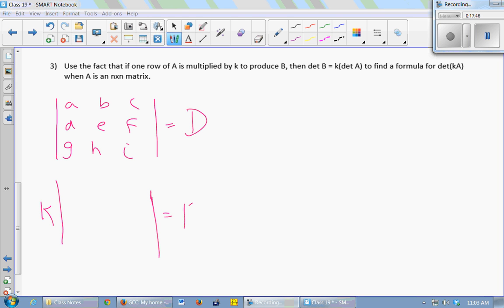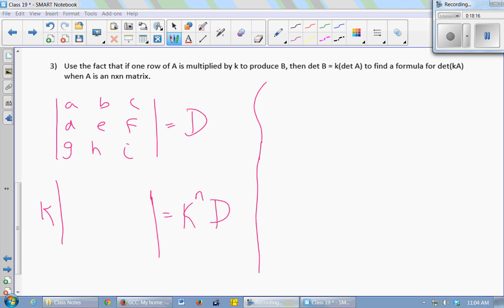And this is going to have, in this particular case, 3 rows, but in the general case of an n by n, it would be k to the n times the determinant. You have to scale the determinant n times, once for each row that you multiply by. No, because we only actually look for determinants in square matrices.